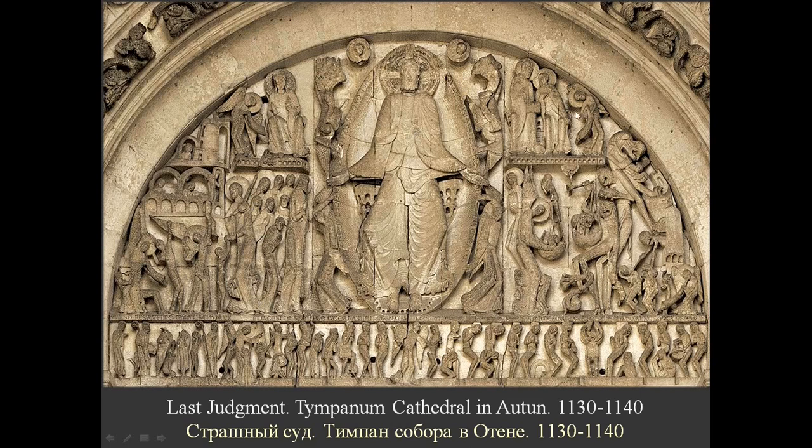So the image this way is extremely informative, and the location above the main entrance to the church is not accidental, because a person who is going to enter the sacred space of the Christian church should start thinking about the most important things in this temporary life, and get ready to give his final answer. Attending church is the way to save the soul. That's the main message of such an image.